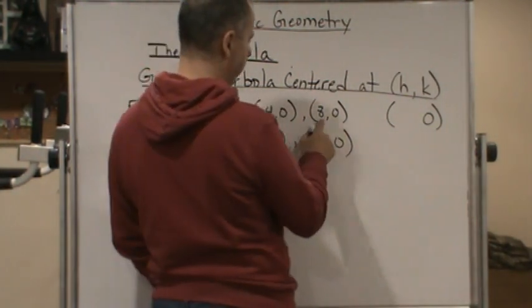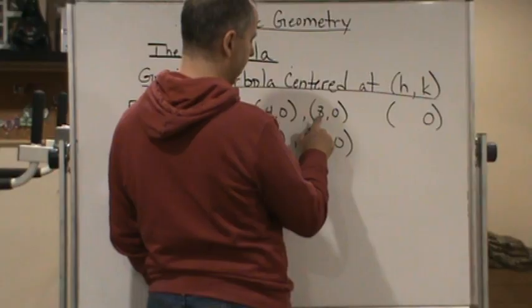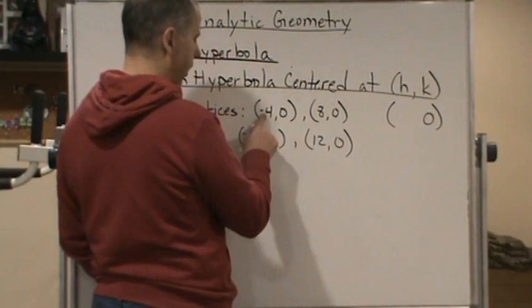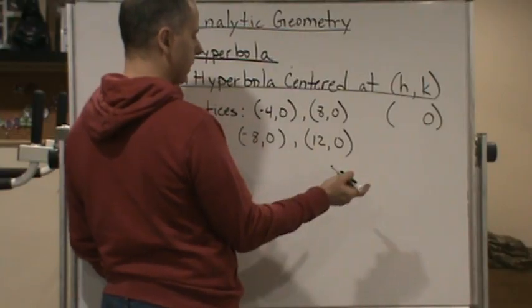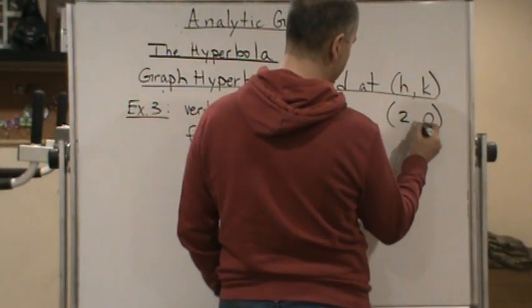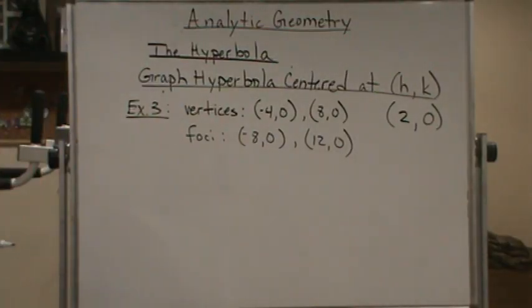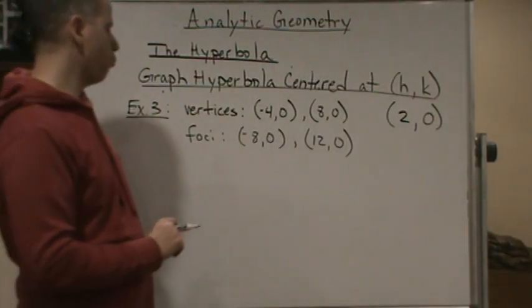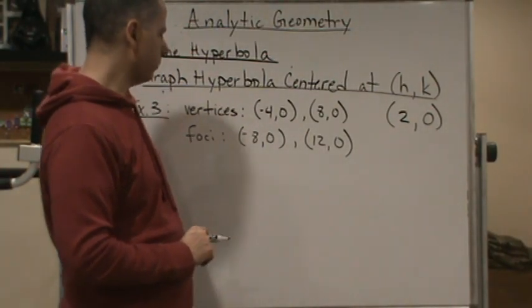If we go 6 units to the left from 8, we end up at 2. Or if we go 6 units to the right from -4, we still end up at 2. So the center of this hyperbola is at 2, 0. And you would get the same thing if you did it with the foci.